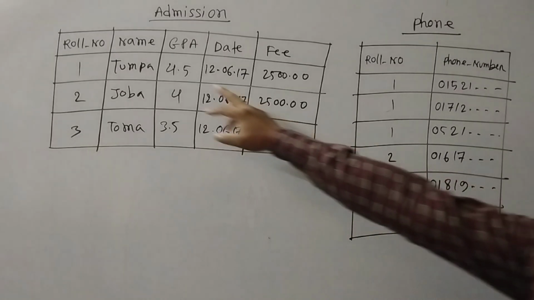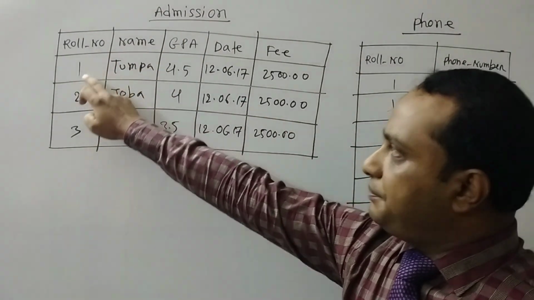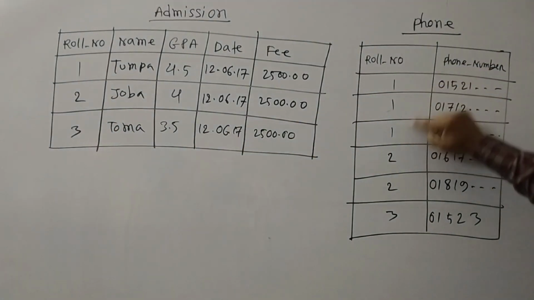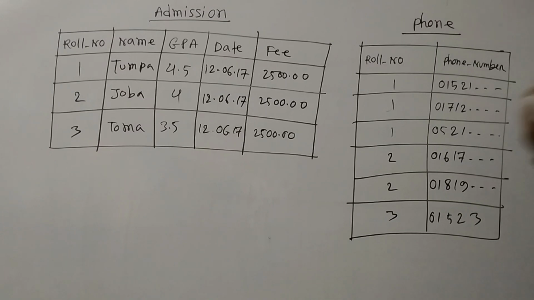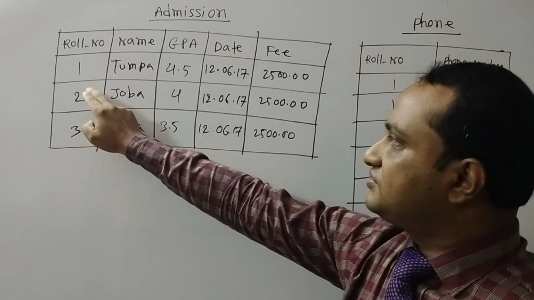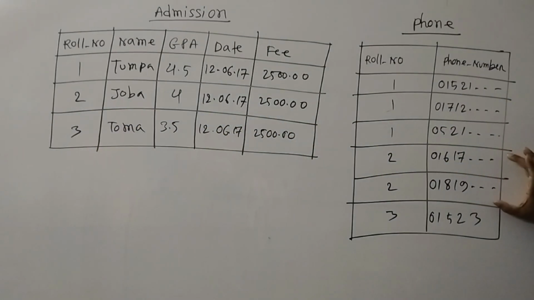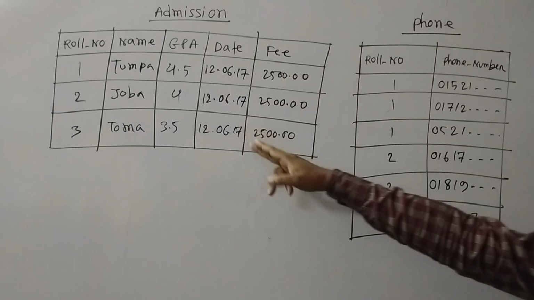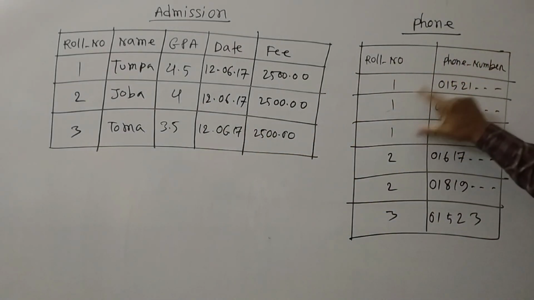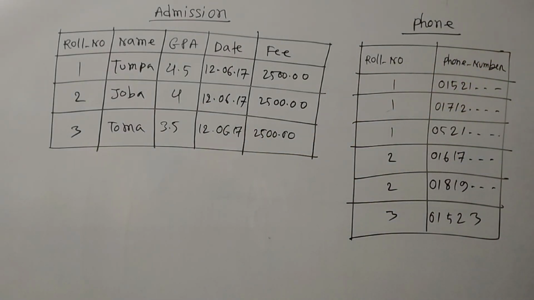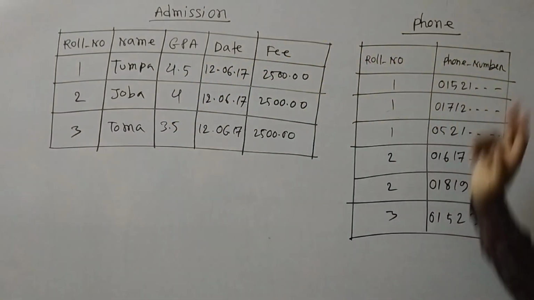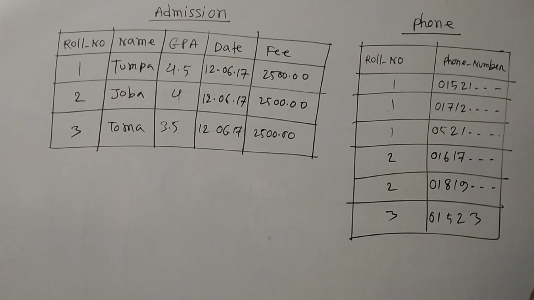Now you see one record of admission table is related with 3 records of this table and 1 record of this table is related with 2 records of phone table. That means I can say 1 record of admission table is related with more than 1 record of phone table. So the relation between admission and phone table will be 1 to many.